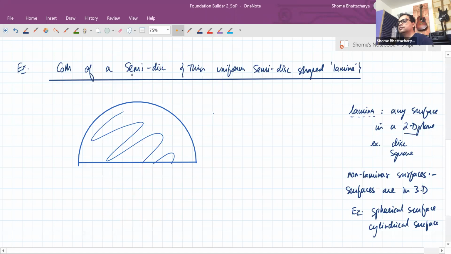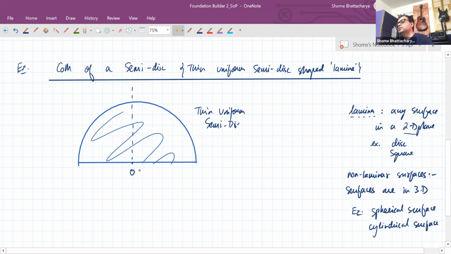Let's say this is where the geometrical center of the original disk was. So this is a thin uniform semi-disk of mass m and radius r.